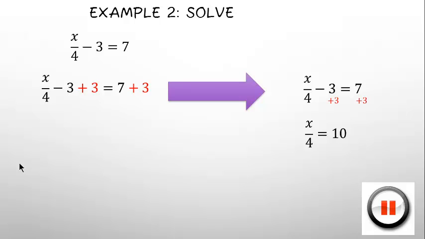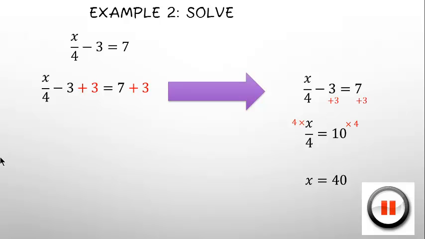Because it's x divided by 4, we're going to do the opposite, and multiply each side by 4. So multiply the first side, and we end up with 4x over 4. Multiply the other side, and we have 10 times 4. The 4's cancel out with the 4x over 4, and we end up with x equals 40.